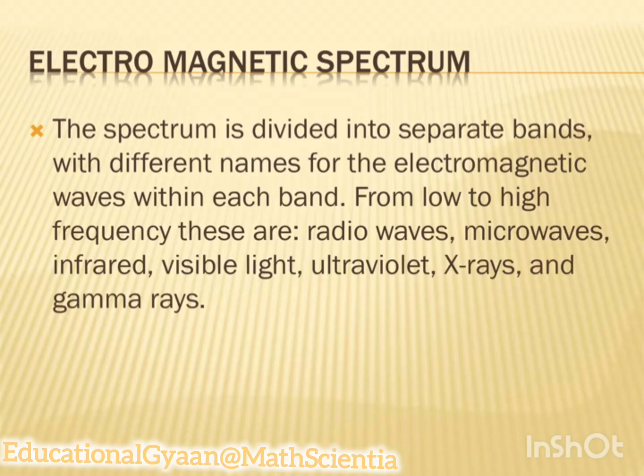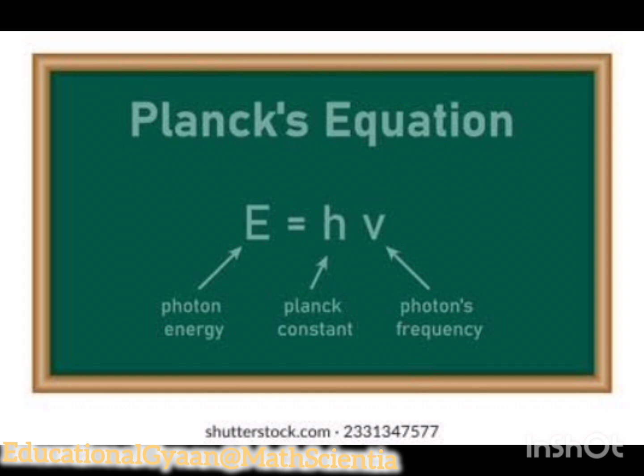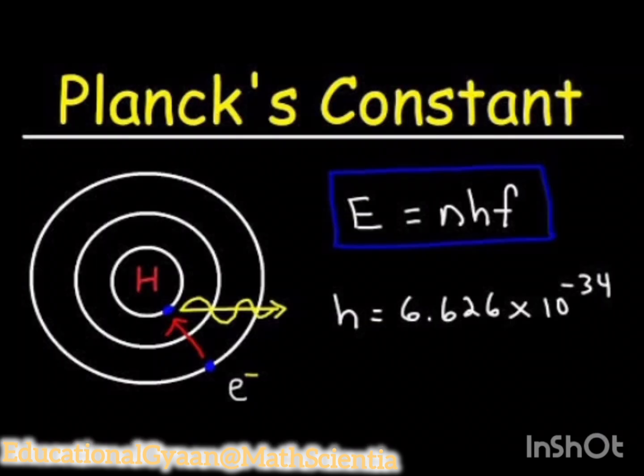Max Planck changed the continuous energy concept in electromagnetic energy. He introduced a new assumption that energy emitted is always a multiple of h nu. If E is the energy of a specific frequency of radiation emitted or absorbed, then E is equal to h nu, where h is the Planck's constant and the value of h is 6.625 into 10 to the power of minus 34 joule seconds. So electromagnetic energy can be gained or lost in discrete values and not in a continuous manner.